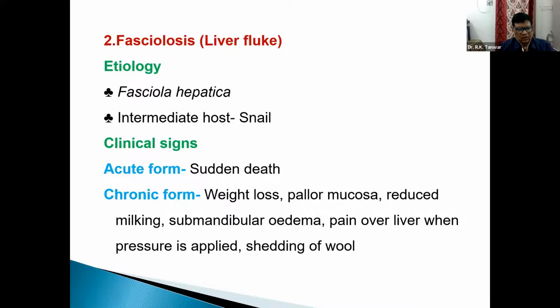Clinical signs: there are two types, sudden death and weight loss. So in any case, if there is a sudden death, you should carry out the postmortem. If a large number of the population is affected, then you will find that liver fluke is one cause of sudden death. In chronic form, there is some mandibular edema, but it occurs in other nematodes also. So this is a trematode.